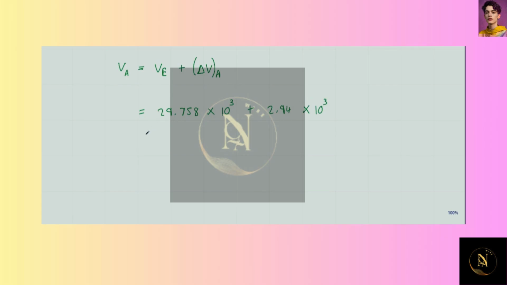Both are in SI units. So we get the speed of the orbit at point A to be 32.698 times 10 to the power 3 meters per second.